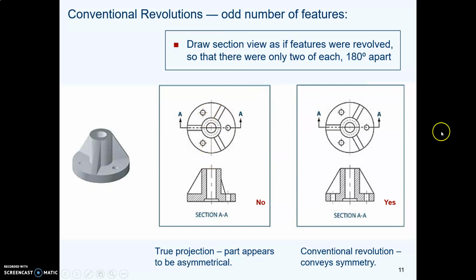Well, that's what you do with a section view as well. Here is a part that has 3 holes and 3 gussets. And when you show the section view, you draw it as if there were only 2 holes 180 degrees apart and 2 gussets 180 degrees apart. And then you show the reader how many there really are by showing them the top view.